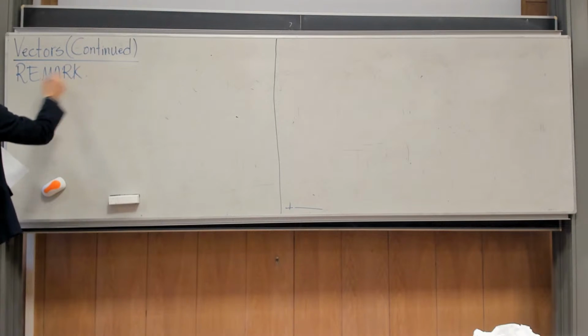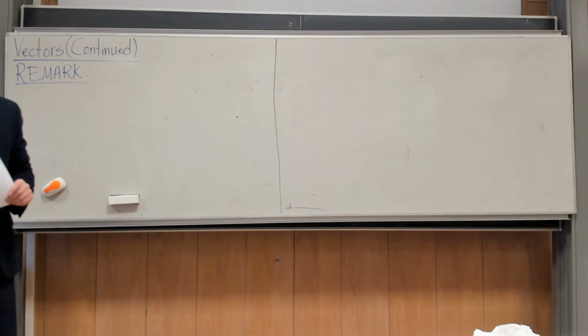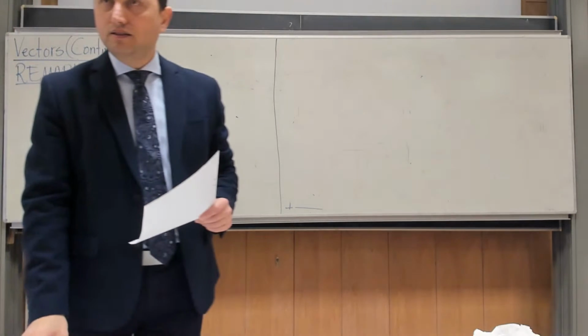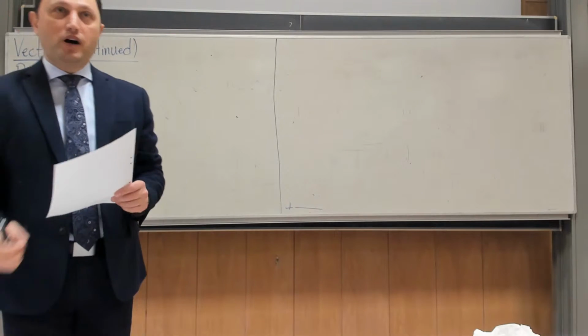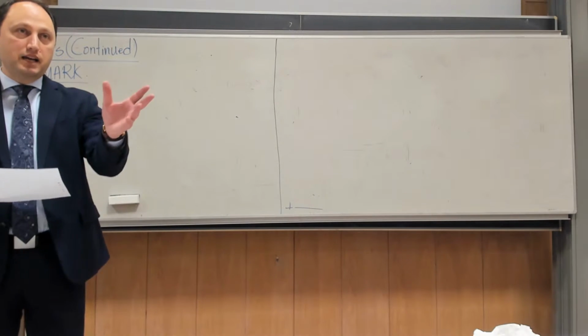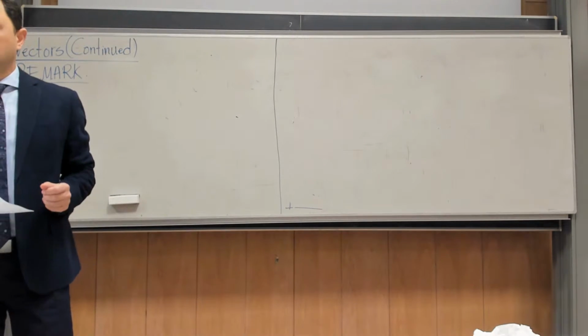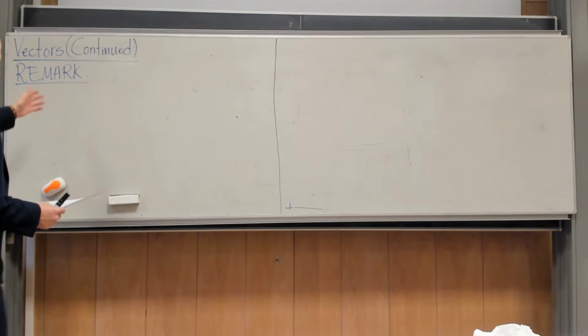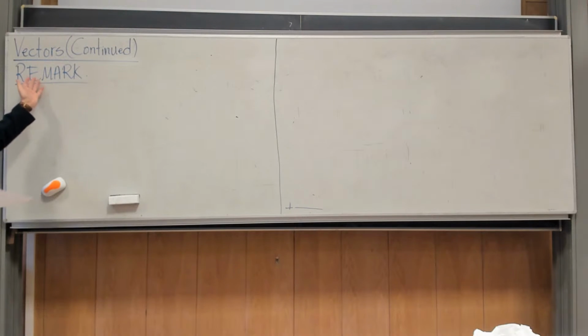Isn't it just by convention? No, this is not a convention anymore. Convention means that there is no reason for that. This is why I say that by convention I agree to do this. But when I say remark, or I should say theorem, it means that there is a reason for that.